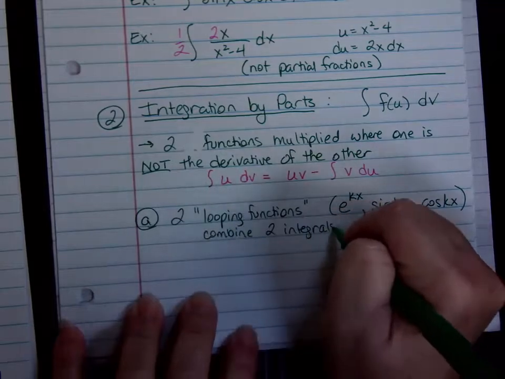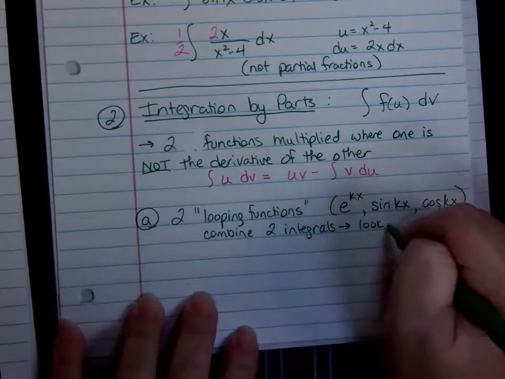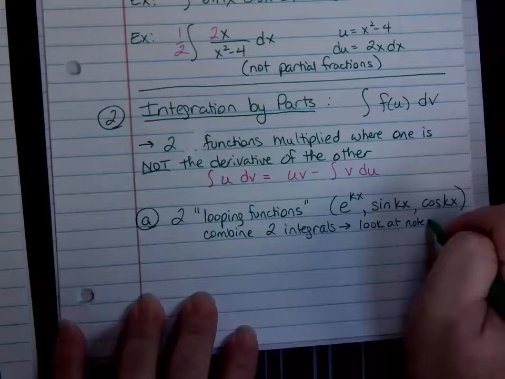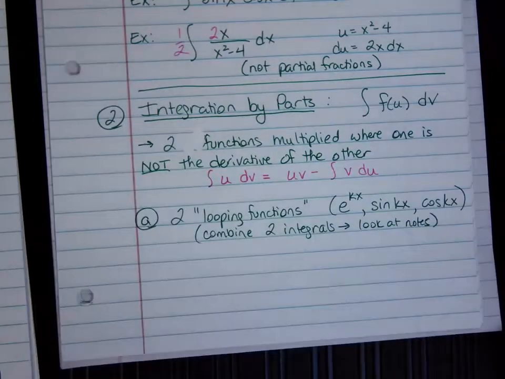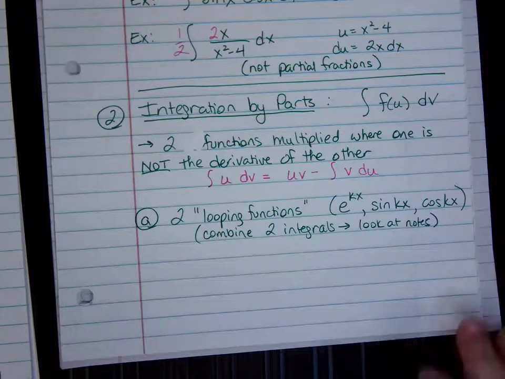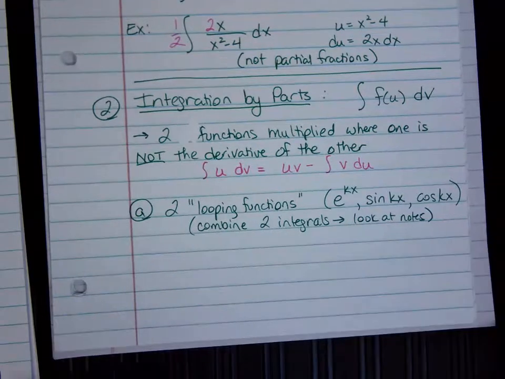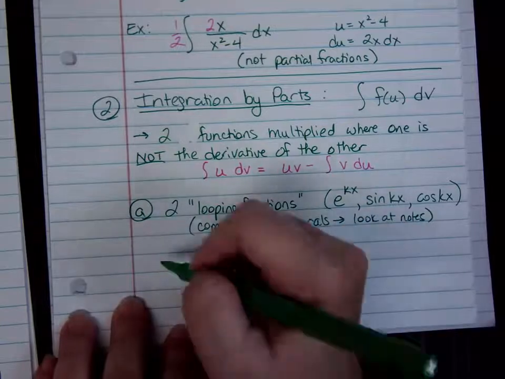I'm not going to work it all out because you can look at your notes to see that. And for those of you watching the video, if you go watch the integration by parts video, I do a sample of this problem. Okay? So, version A is two looping functions.